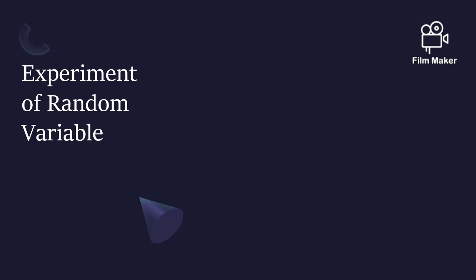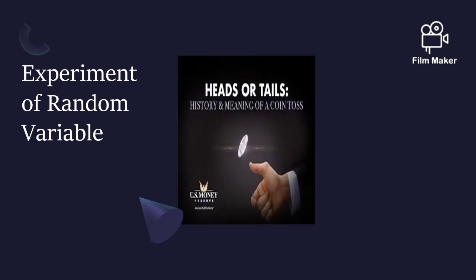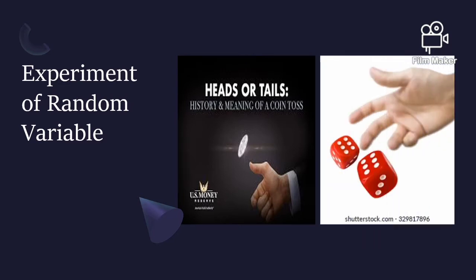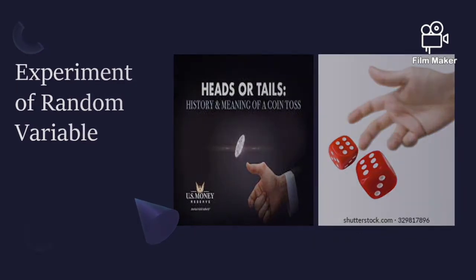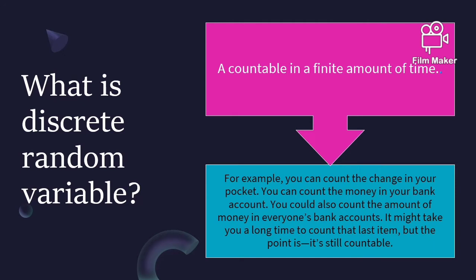Experiment of random variable. Head and tail, or toss coin. Dice. What is discrete random variable? Countable in a finite amount of time.